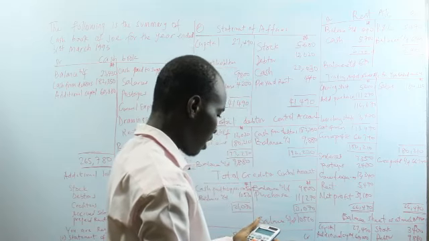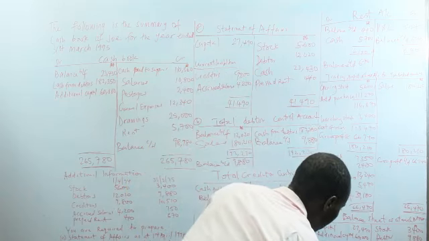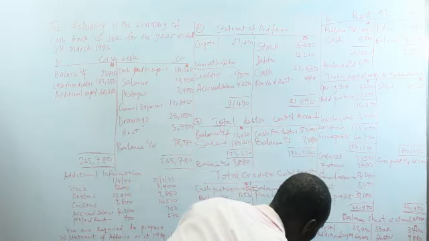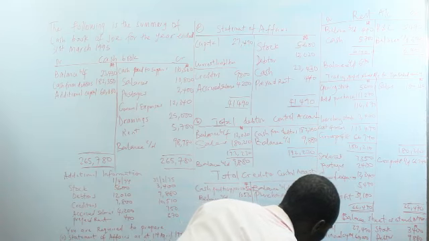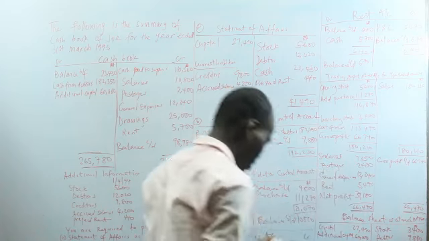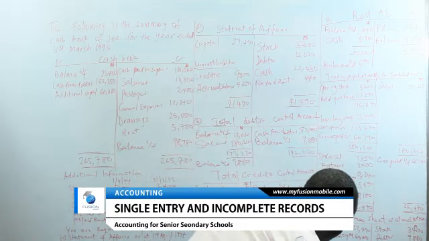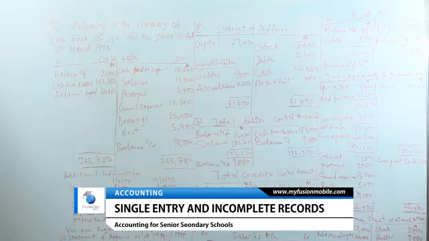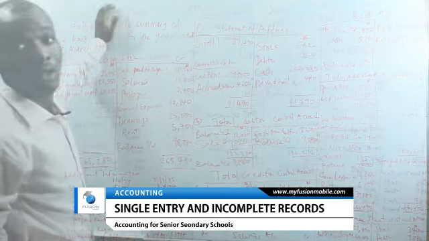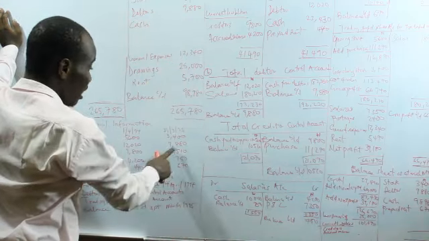So 87,490 plus 39,180 is going to give us 126,670. So less drawings within the period, which is 25,000, and that gives us 101,670. Then we have debtors, which is 9,880.